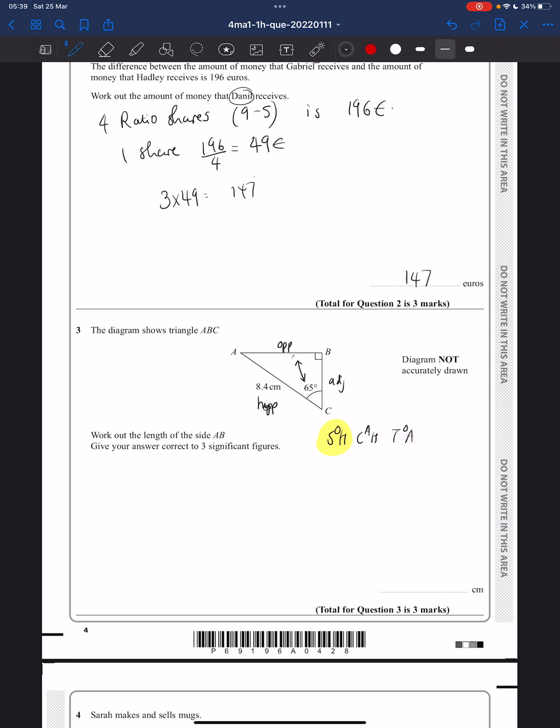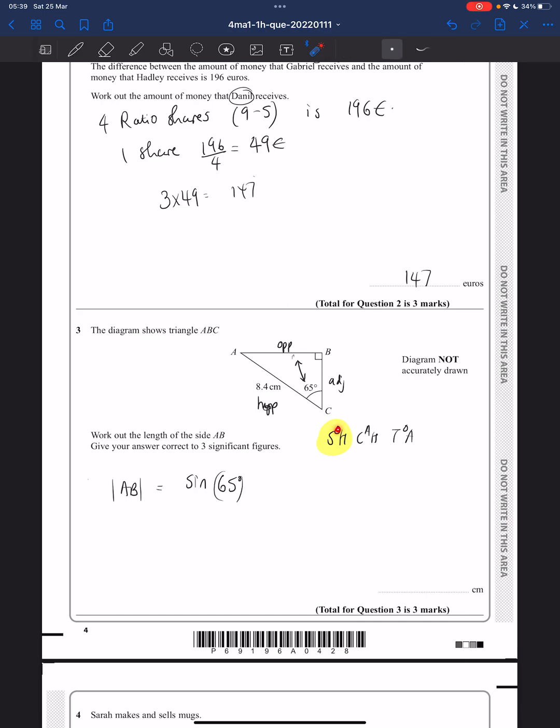Okay, and then using the ratio, you've got the sine, we want the opposite. So the opposite, which is the length AB, call that length of AB like that, is sine 65 degrees.